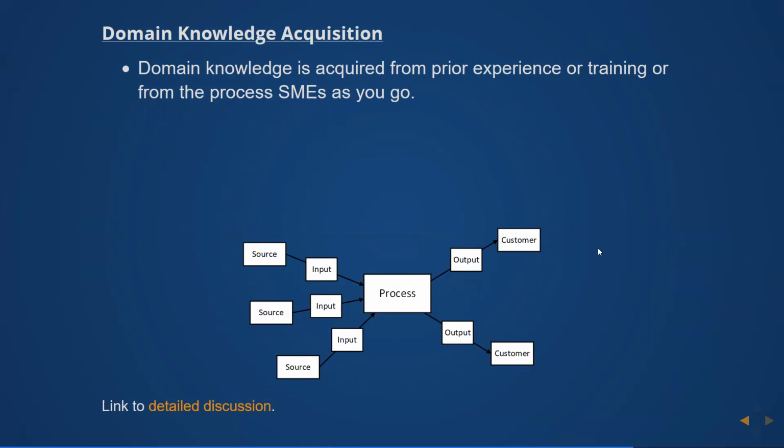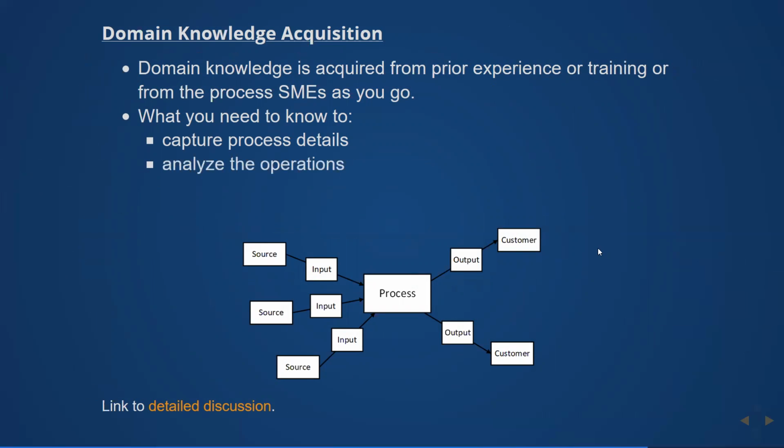We talked about domain knowledge acquisition a little while ago. This is what you need to know to capture all the details of a process, analyze the operations, perform calculations, and make sure you don't miss anything.